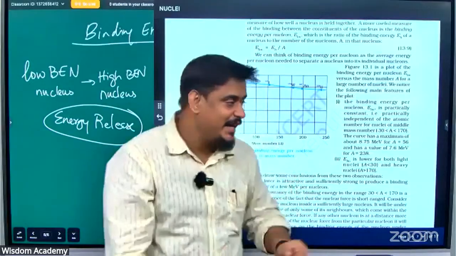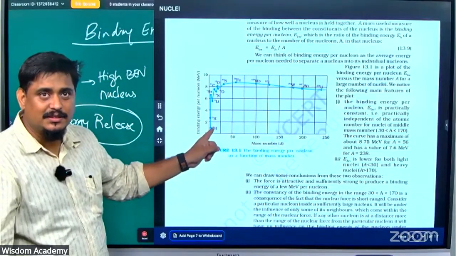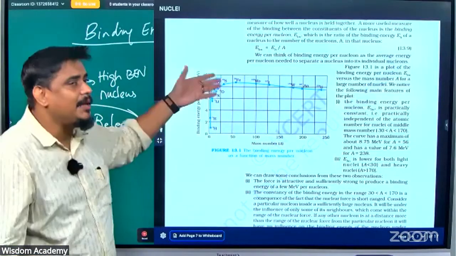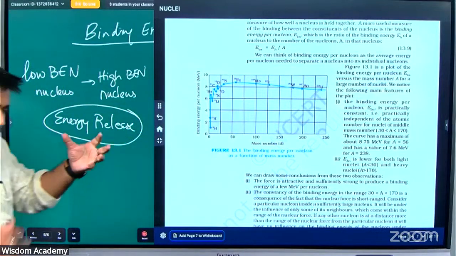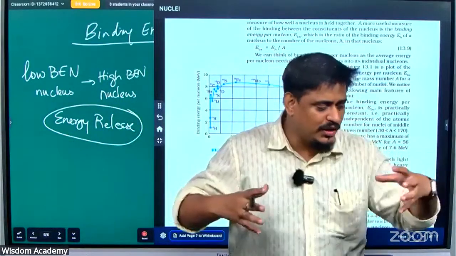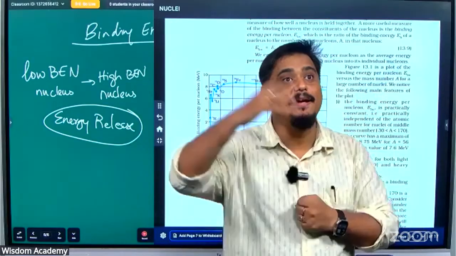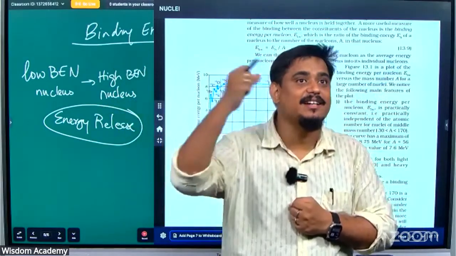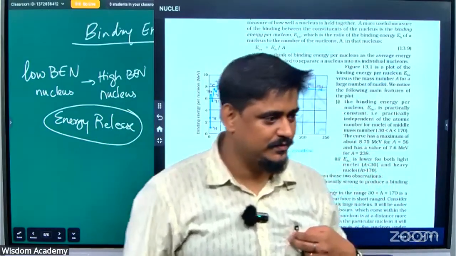Same way, if light nuclei, which have low BEN, are converting into a high BEN nucleus, we will once again have energy release. So if two hydrogen, deuterium, combine to become helium, you may have big energy release. And that energy release is called nuclear fusion reaction. Is it clear to you?